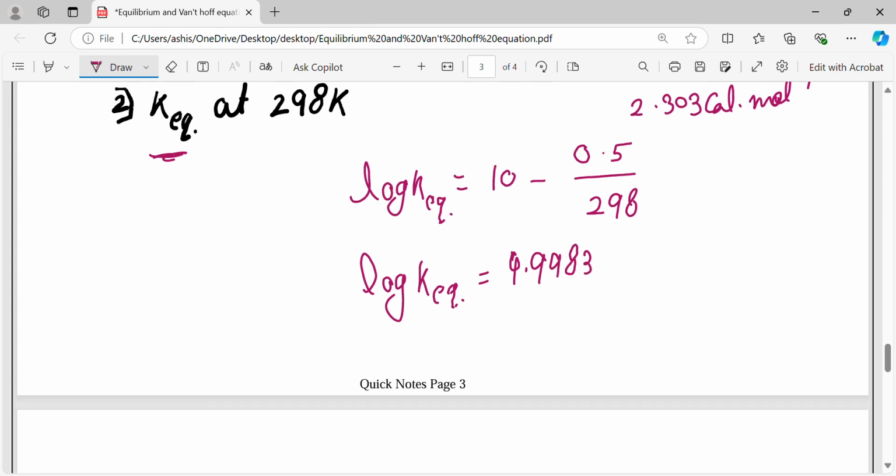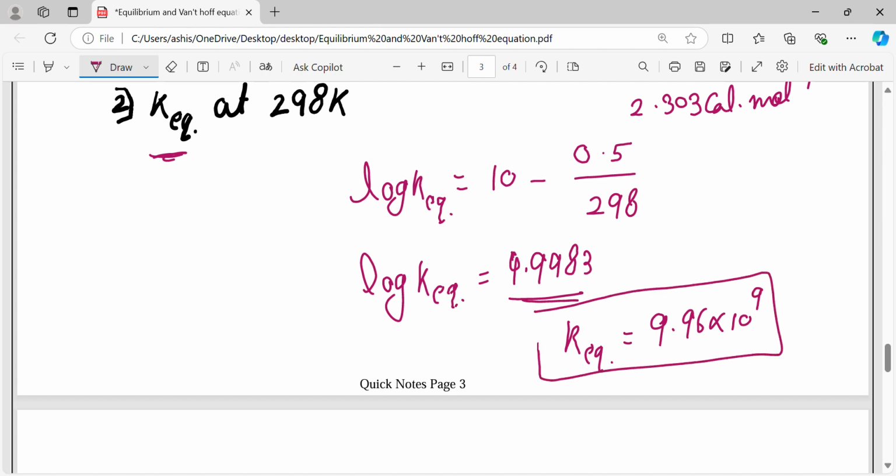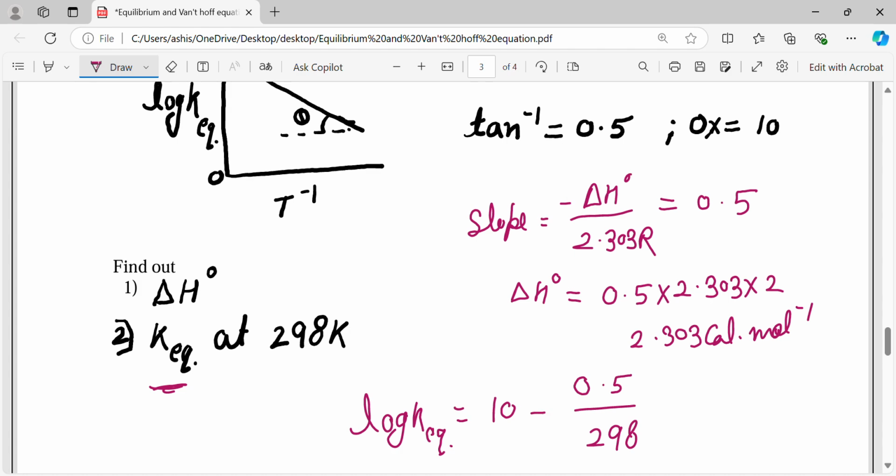To solve this, we have to take the anti-log. So the anti-log of this value means K equilibrium will be equal to 9.96 into 10 raised to power 9. So that will be our final answer.